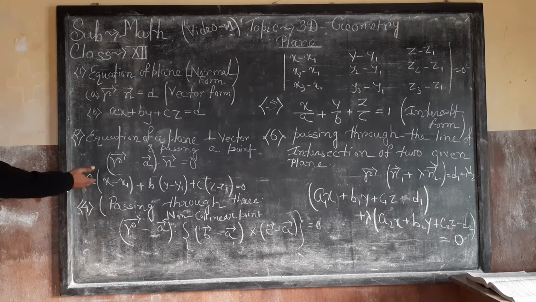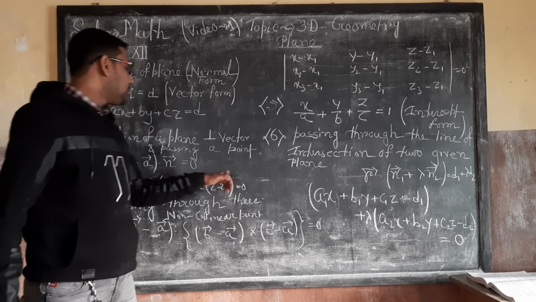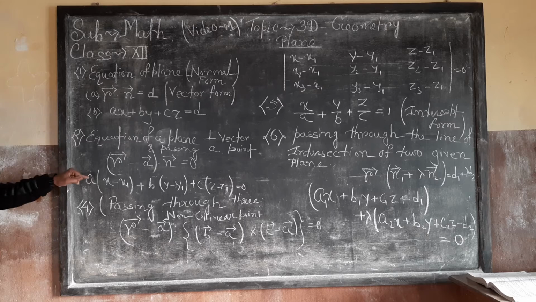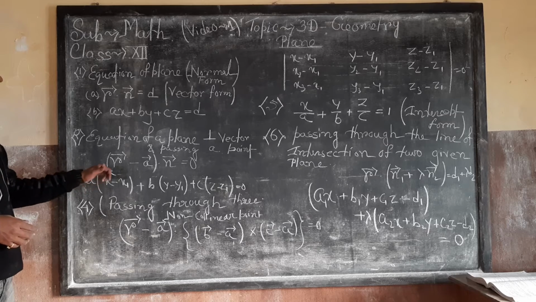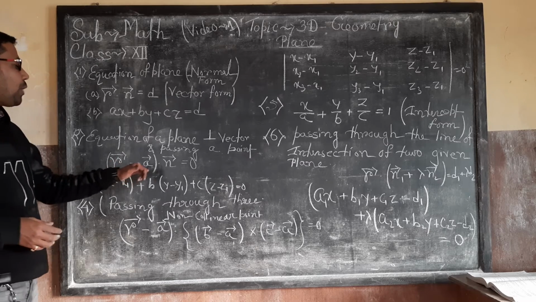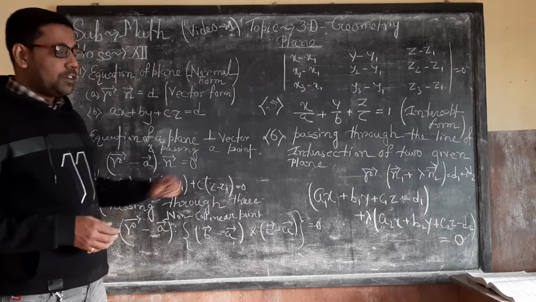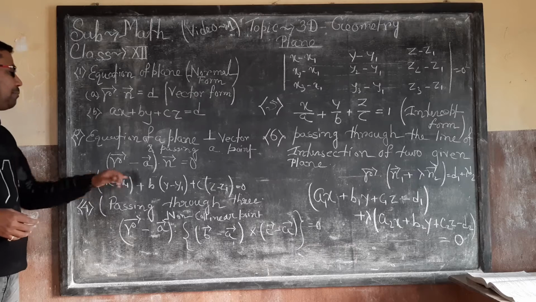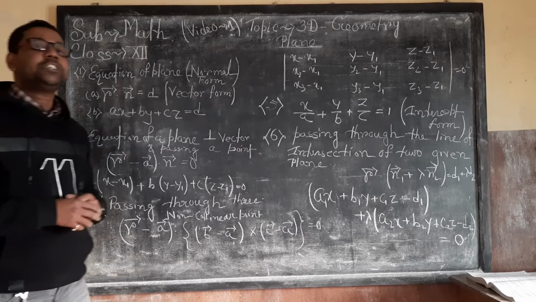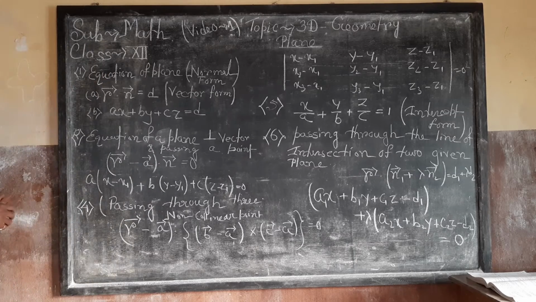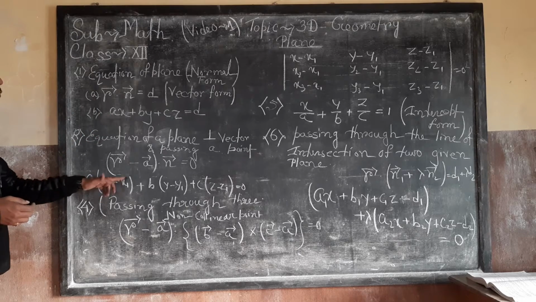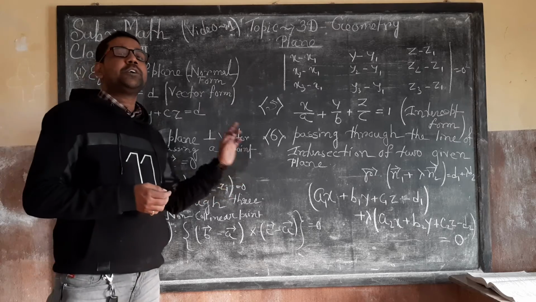And this is the Cartesian form of the equation of this plane: a into (x minus x1) plus b into (y minus y1) plus c into (z minus z1) equal to 0. This time a, b, c is nothing but the direction ratio of this normal perpendicular vector, and x1, y1 and z1 is this particular point.